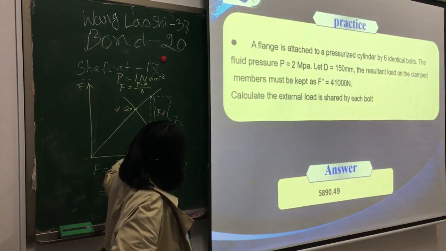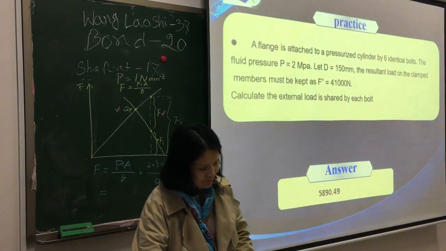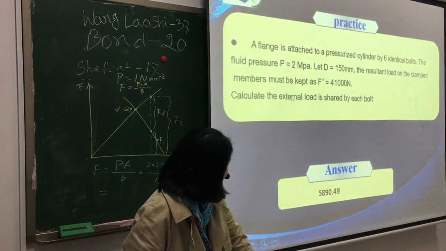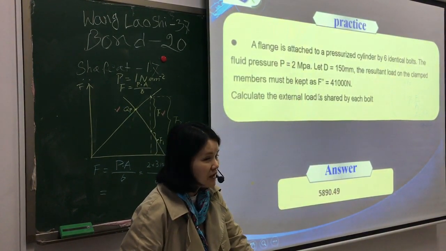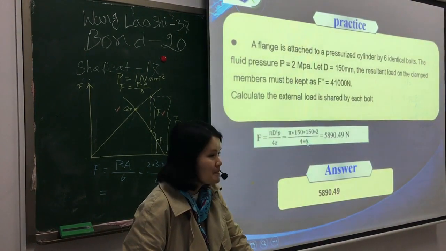F1 is the resultant force of the members. So this is the external load, not the resultant load of the bolt. Use this.